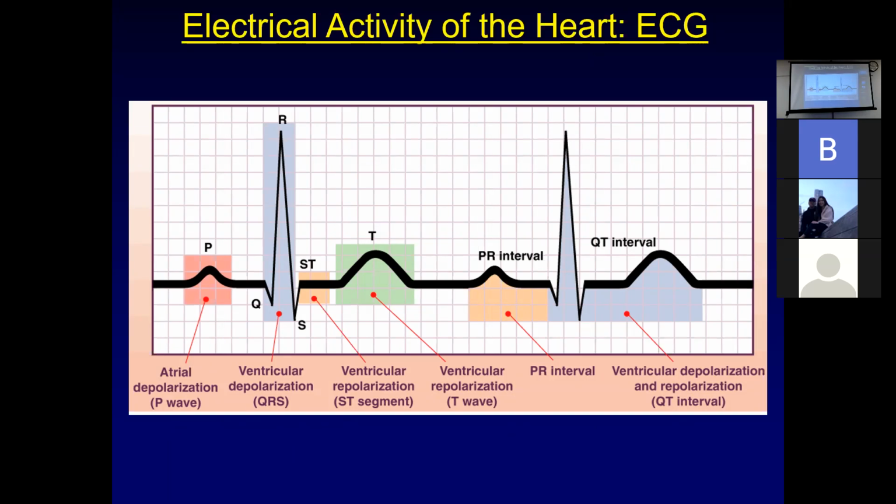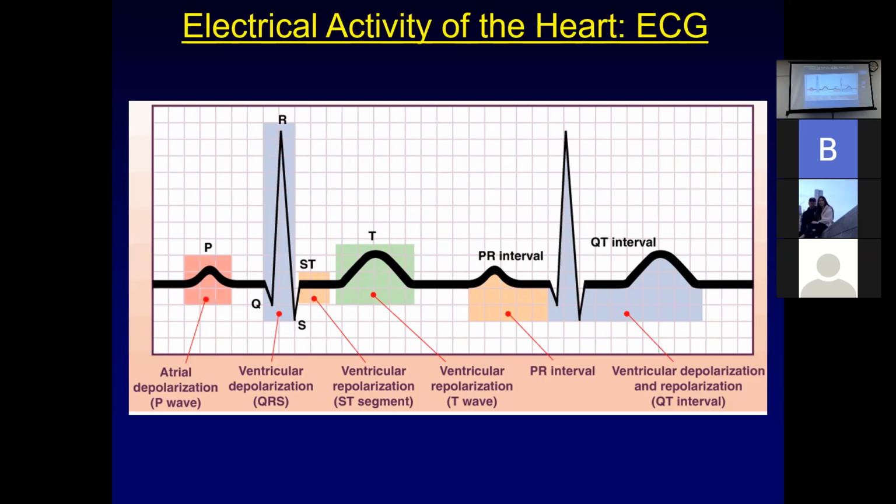Then you get this weird looking thing, which is called the QRS complex, okay? What we are seeing here are the signals that lead to depolarization of the ventricles, okay? So transmission through the AV node, down the AV bundle through the Purkinje fibers. That's QRS, okay?